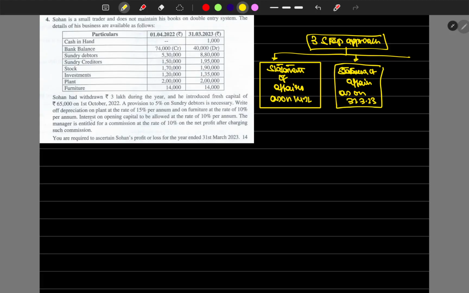Then the ascertainment of profit. The first two steps contribute the line items for the third step. The first step will give us the opening capital, the second step will give us the closing capital, and the third step will help us find out the profit or loss during the period.